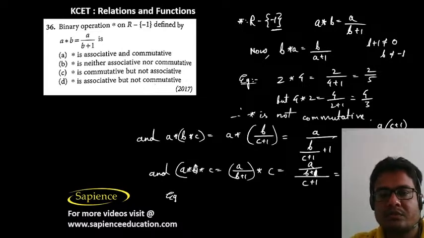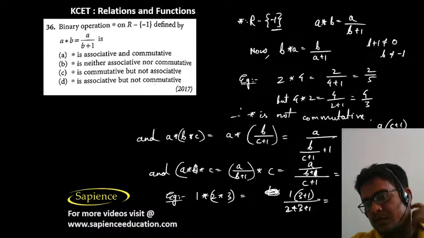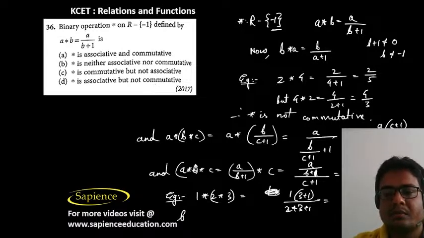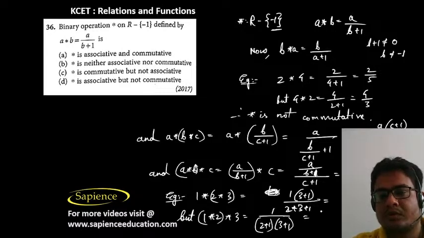Suppose for example I take 1 star (2 star 3). That would be 1 into (3 plus 1) by (1 plus 2 plus 3 plus 1), that is 4 by 6, which is 2 by 3. But (1 star 2) star 3 would be 1 by (2 plus 1) into (3 plus 1), so that would be 1 by 3 into 4, which is 1 by 12.